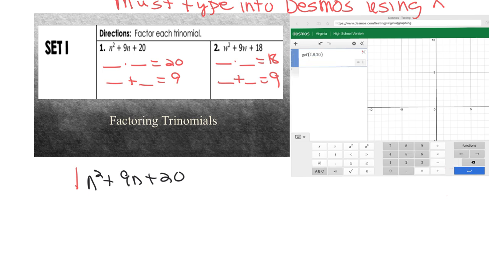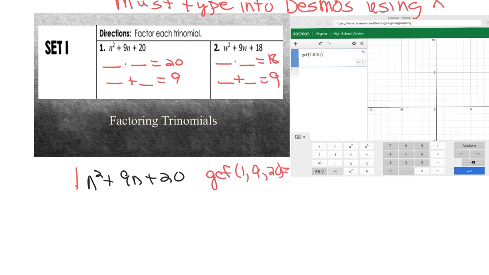All right, let's look at a couple of trinomials. The first thing that you want to do on any problem that you factor is to find the GCF. And I'm going to type into Desmos the GCF of the 3 numbers. Even though n squared does not have a number in front of it, we have to put that 1 there because this is a trinomial.